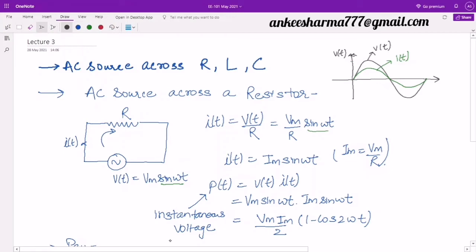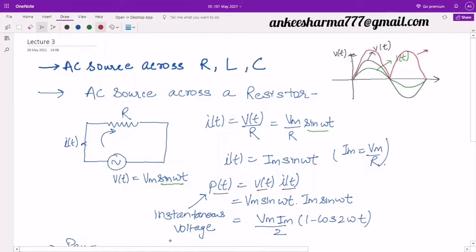to find the power. Power, as I said, is nothing but the product of voltage and the current. It means in the first half cycle, if I see both are positive, then definitely its product will be greater than both values of V of t and I of t, so it will be like this. And in the second half cycle both are negative, so product will be again positive, because negative into negative will become positive, so it will be like this.